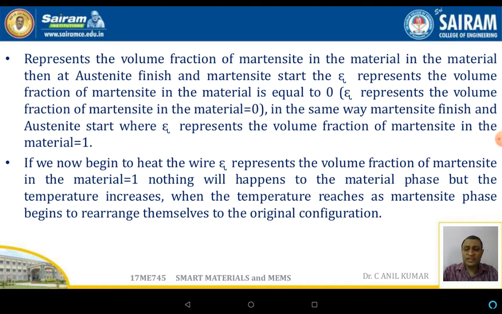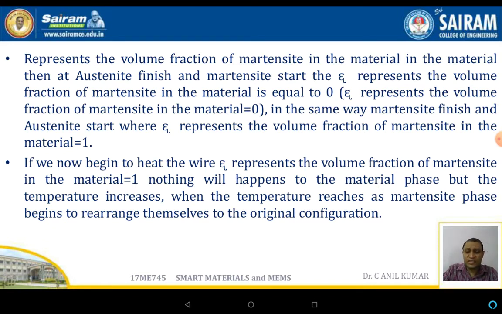In this case, the xi value varies from 0 to 1. It will be 0 at the position of austenite finish and also martensite start, but once it reaches martensite finish and also austenite start, at that point the xi value will be 1.